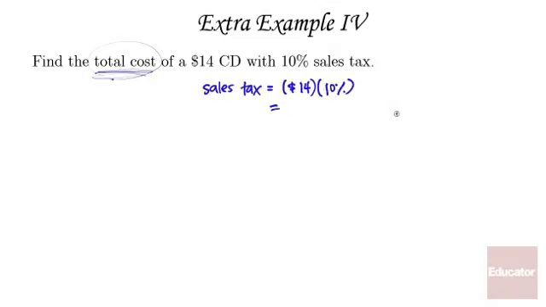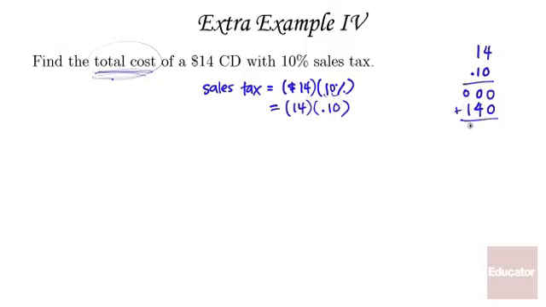again, changed to a decimal. So this is 14, and then this is 1, 2, that's 0.10 or 0.1. You can just drop the 0 if you want. 1 times 4 is 4. 1 times 1 is 1. Put zeros in those spaces. Add them.